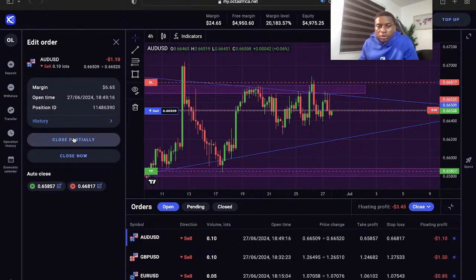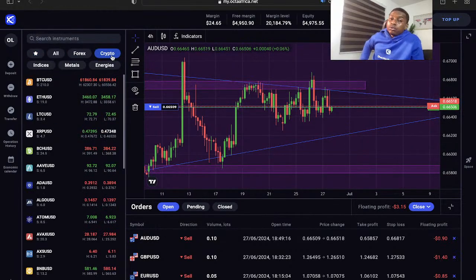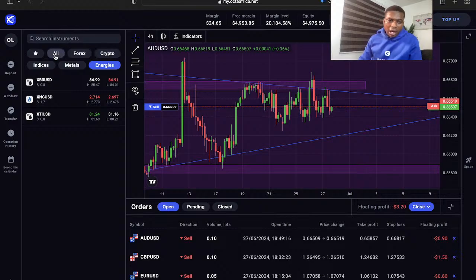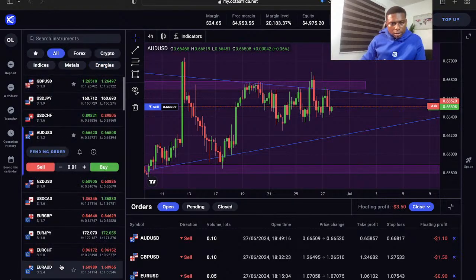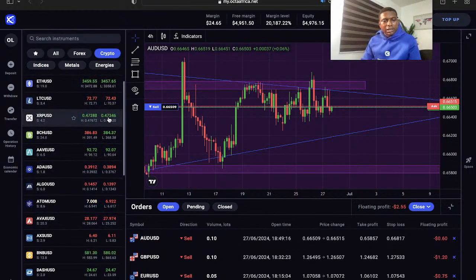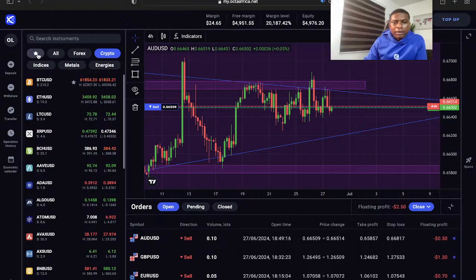You can also close the trade partially. From here you can toggle around, whether you want to trade cryptocurrency, metal, or energy, and you can even add some of them. So for Forex, if I say I'm interested in tracking and analyzing BTC, I click on this star, and that star adds it to my favorites.